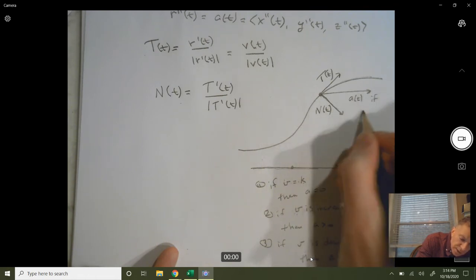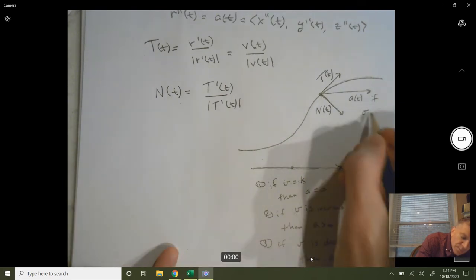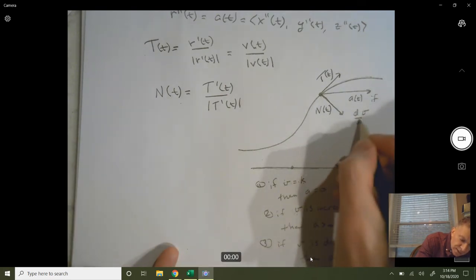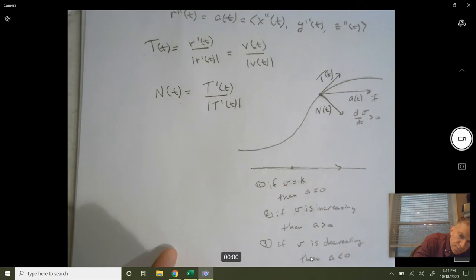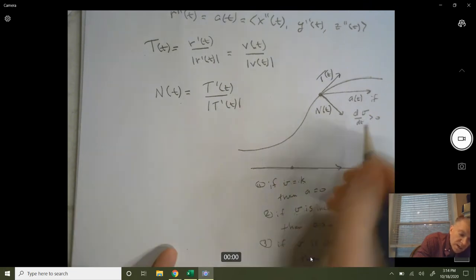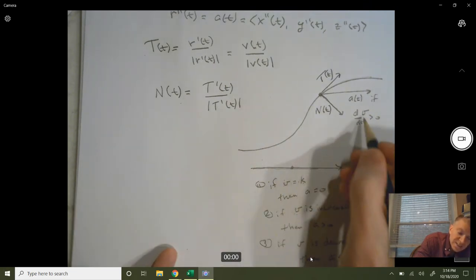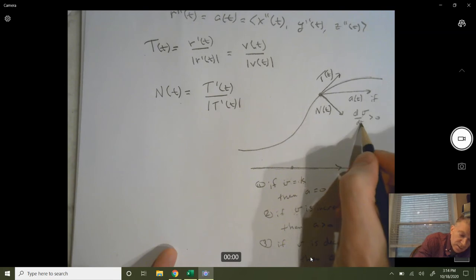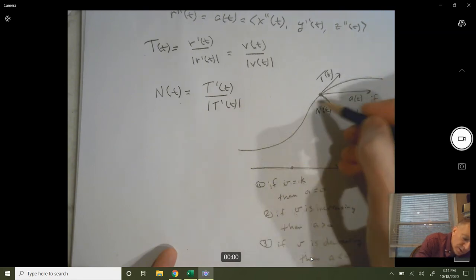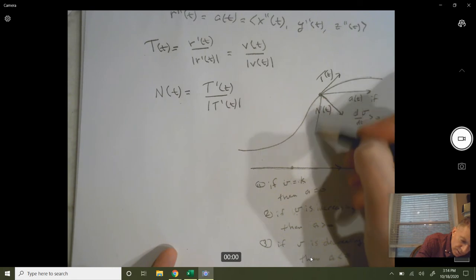But if your speed is decreasing along this curve, then your acceleration is going to point in this direction.